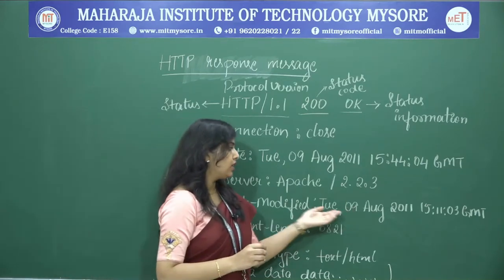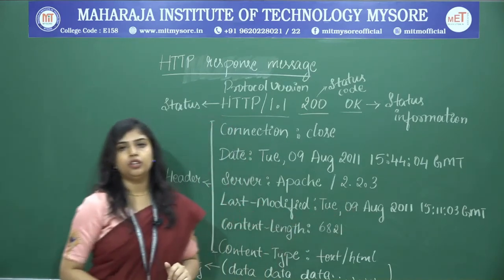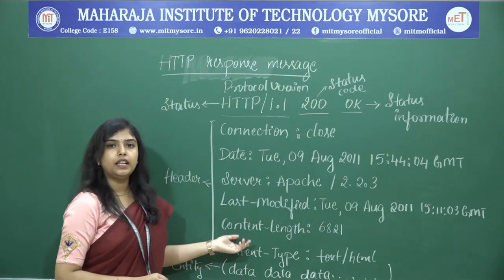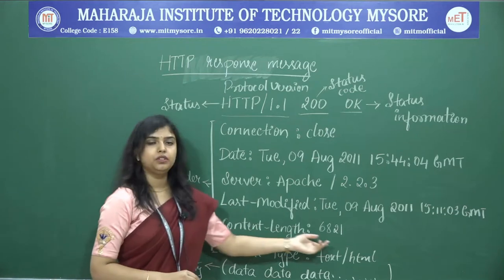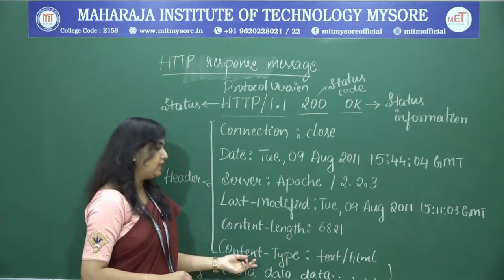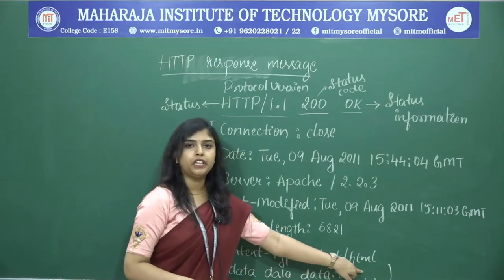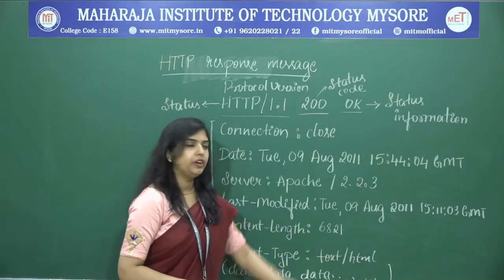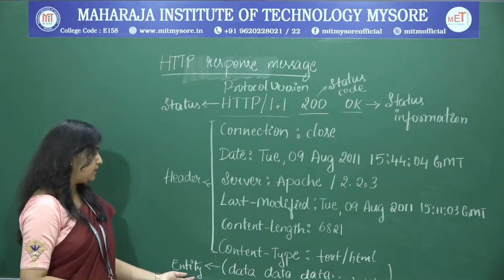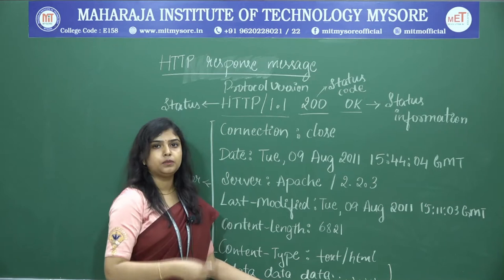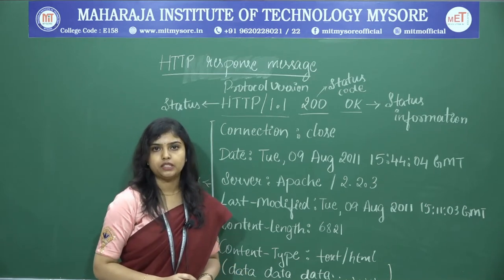So, on 9th of August Tuesday the web page was updated. Next is the content length. What is the length of the web page which we have requested, and what is the type of request which you have asked? It could be HTML, PHP, JavaScript, that also we are going to mention. And the last part is the entity body. Here it contains the data as the response to our request.